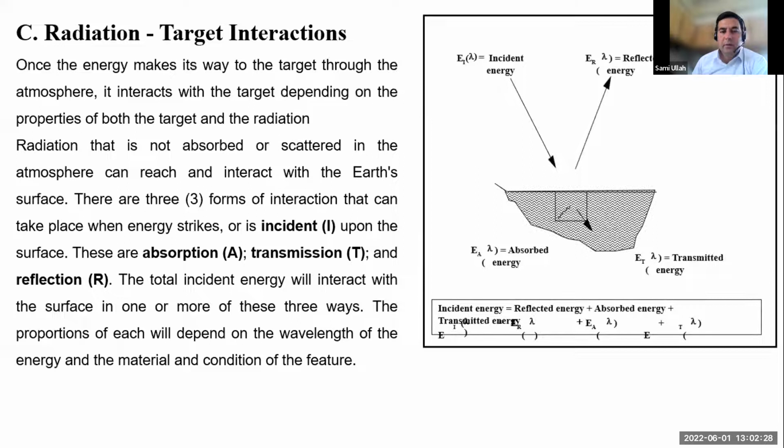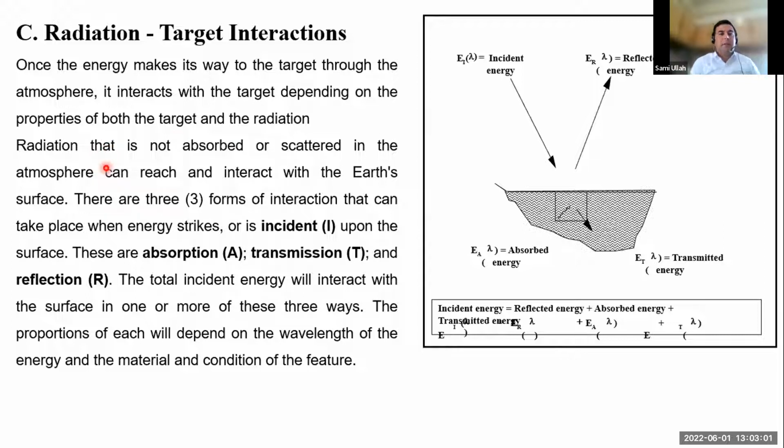So the third is radiation-target interaction. After interaction with the atmosphere, some of the electromagnetic radiation reaches the ground. Once the energy makes its way through the atmosphere to the target, it interacts with the target, depending upon the properties of both the target and the radiation.